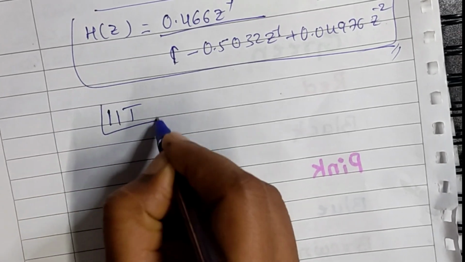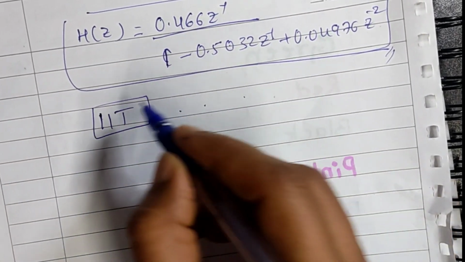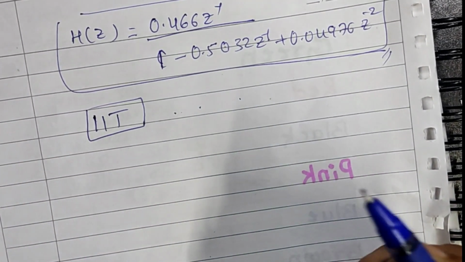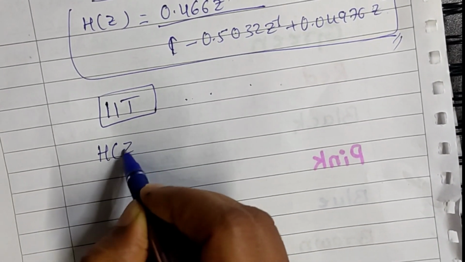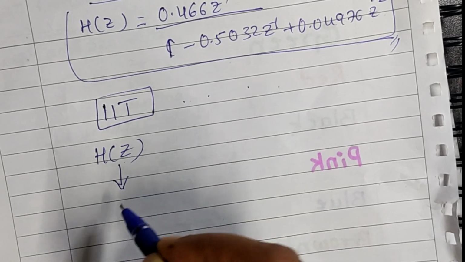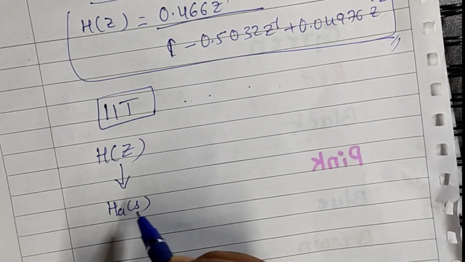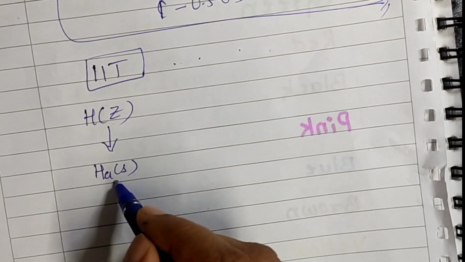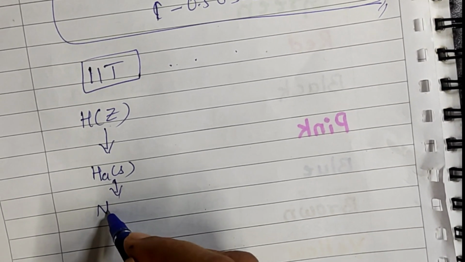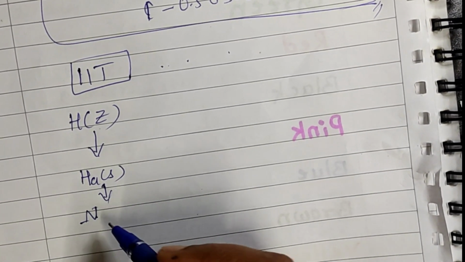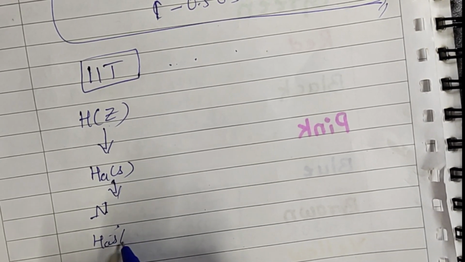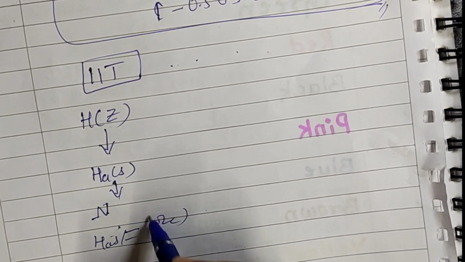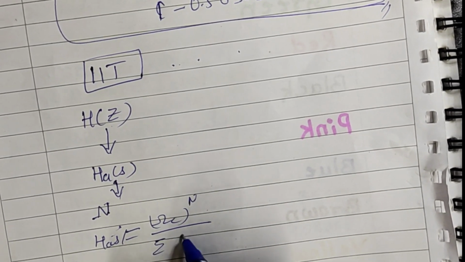So what we have to do in IIT, that is impulse invariance transformation, which is a method of designing digital filters, is calculate h of z. To calculate that h of z, we need ha of s. Most of the time they will be given. If not, we have to use that process: calculate the order of the filter, and after this calculate ha of s by using the number of poles, which is omega c raised to n divided by the product of s minus sk.